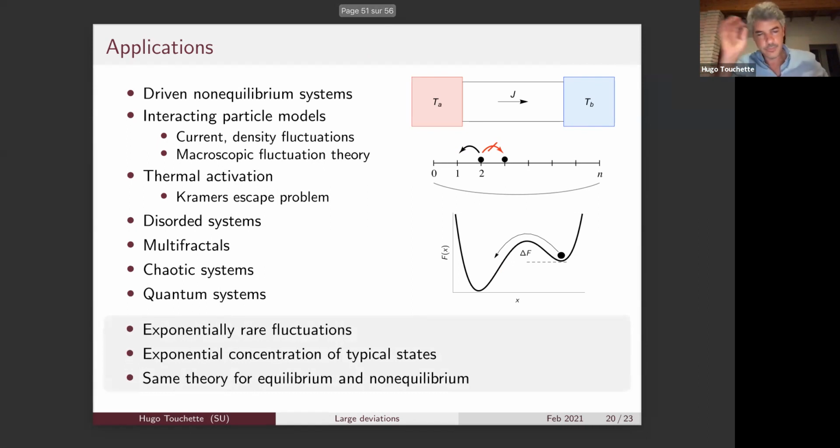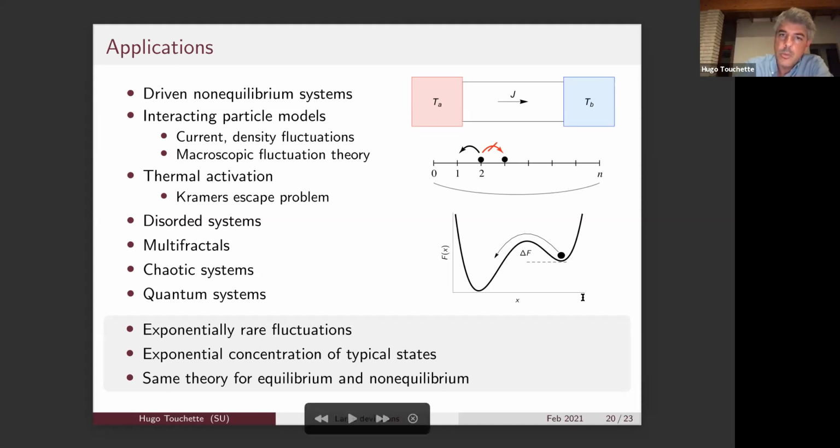It's more like a laundry list, but a lot of the work that is being done right now in non-equilibrium statistical mechanics, but also in large deviation theory, is to study non-equilibrium systems composed of many particles. So what people try to look at is, again, this very general system where you have a heat current between two temperatures, and then you want to come up with a stochastic model for that situation.